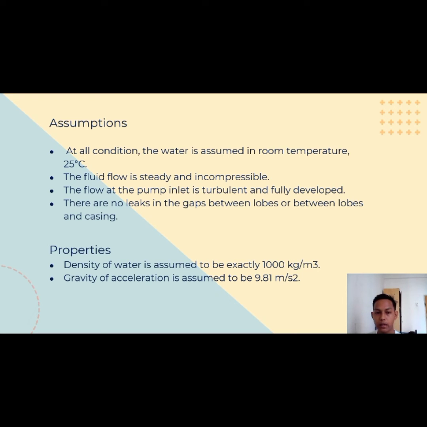And the last one, there are no leaks in the gaps between loops and casing. For the properties, we will assume that the density of water is exactly 1000 kg per meter cube, and gravitational acceleration is assumed to be 9.81 meter per second square.